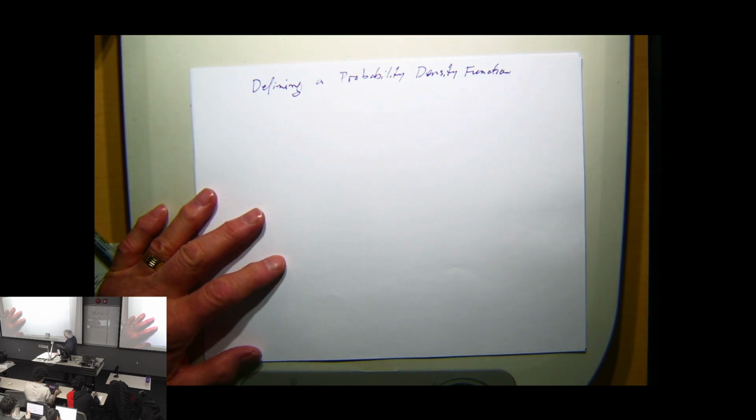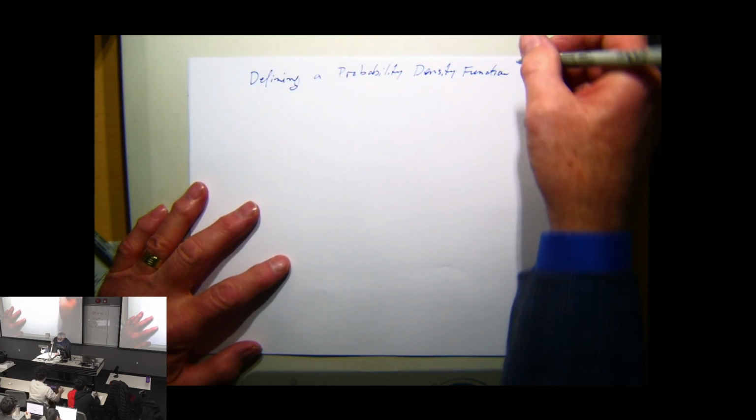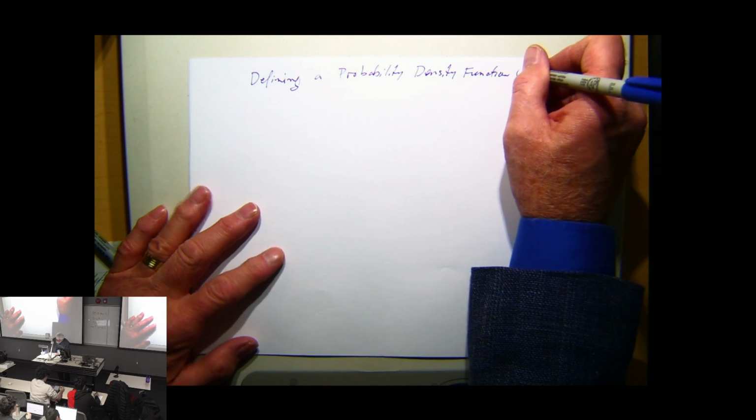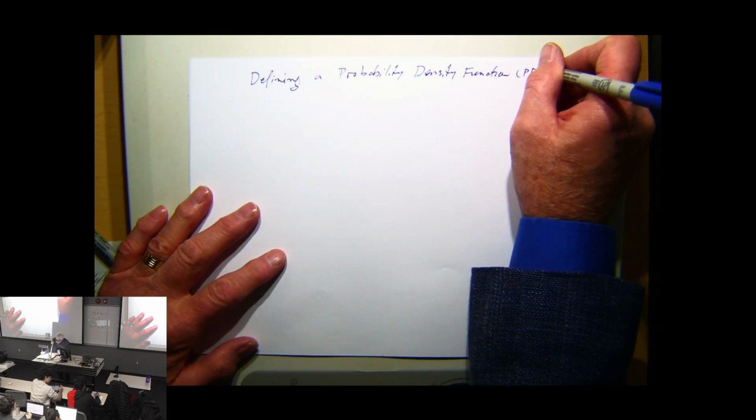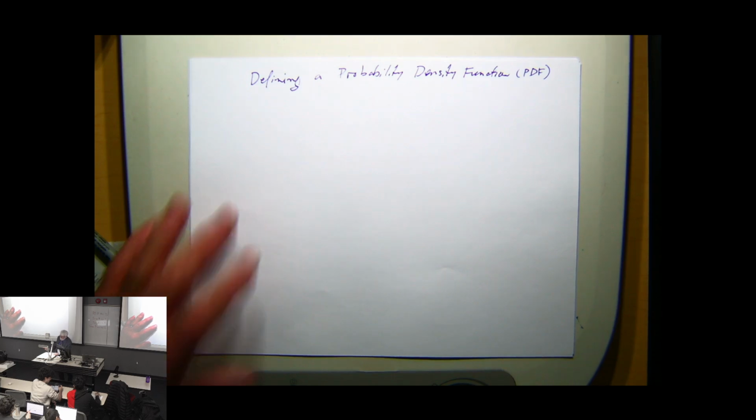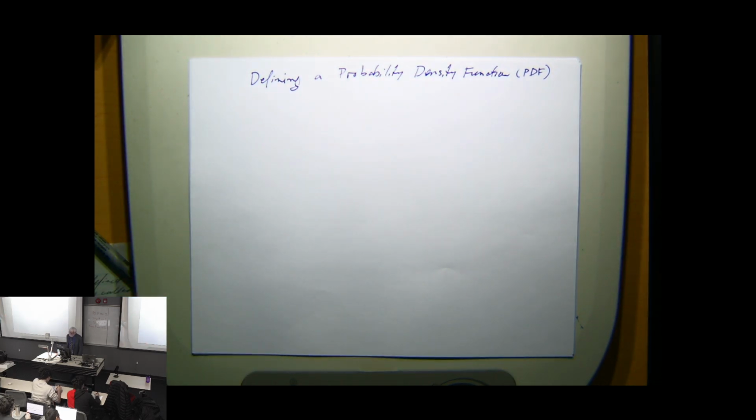So we'll call this defining a probability density function, which we call the PDF, as opposed to the PDF file format, which is a different PDF. But we could have a PDF about the PDF, so we'd have a PDF of a PDF, something like that.